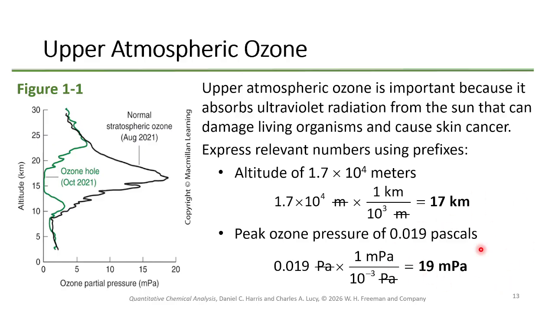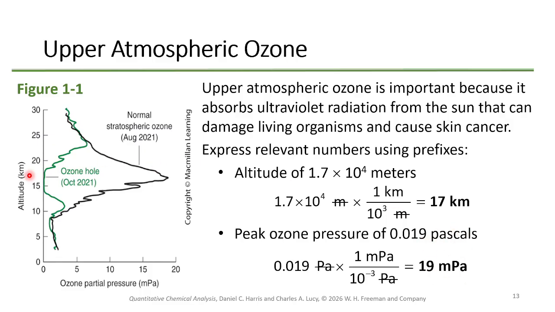So peak ozone pressure is represented in pascals. But notice that'd be a kind of a pain to write over and over and compare with things. And so what we do is we use a prefix. We're going to use millipascals. So these are whole numbers here. Okay. And so typically you use millipascals when you're representing the peak ozone pressures.